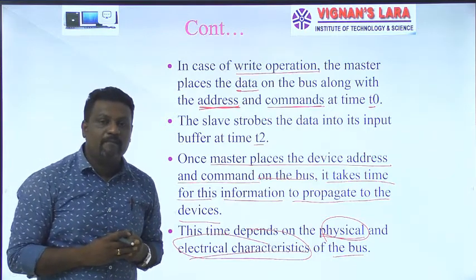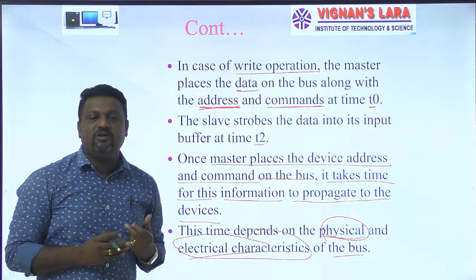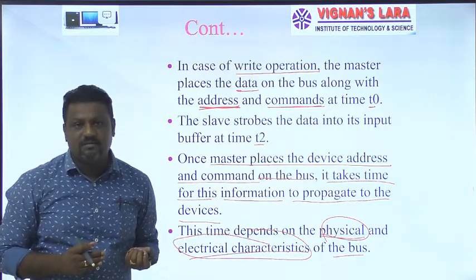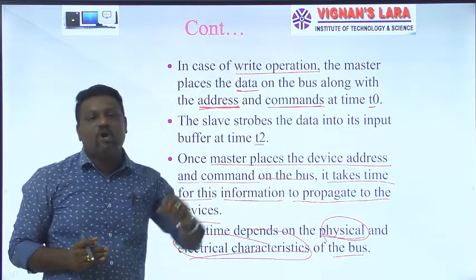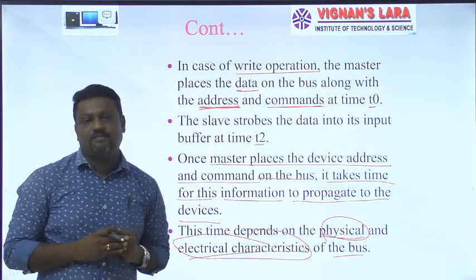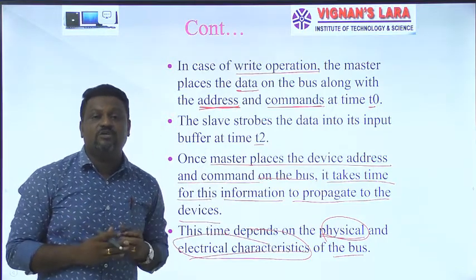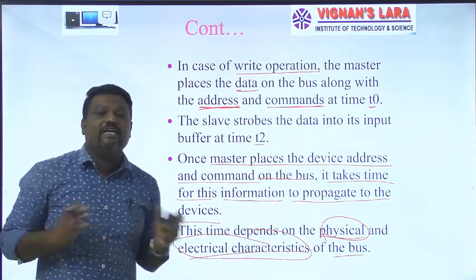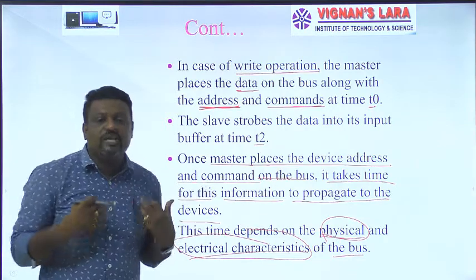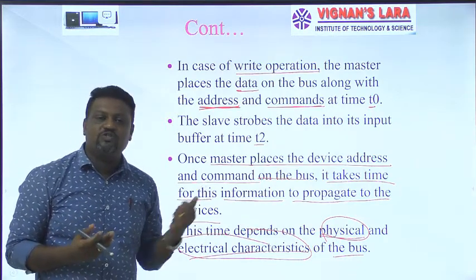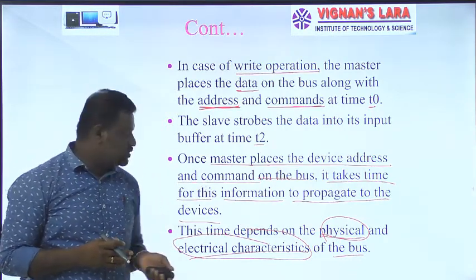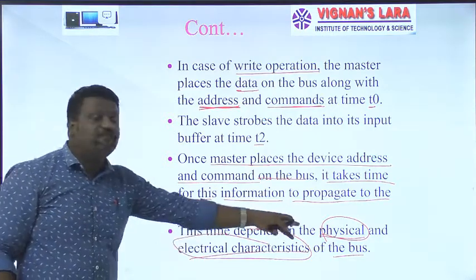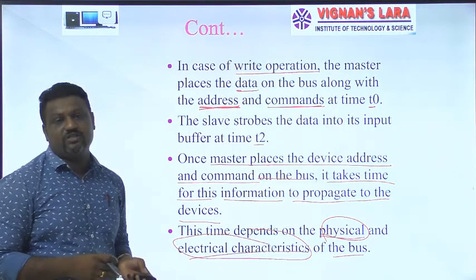That is number one. And number two, once a master sends an address, that address can be received by all the slaves or all the devices. Then those devices are going to decode that address. Once they decode it, they can identify whether this address belongs to them or not. For that purpose, it takes time. So the time depends purely on the physical as well as electrical characteristics.